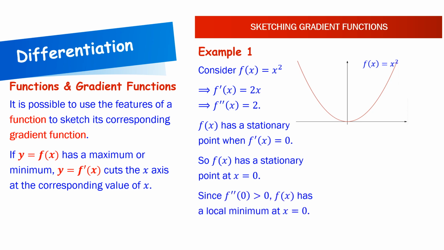Now, since f double dash of 0 is greater than 0, f of x has a local minimum at x equals 0, as shown here.